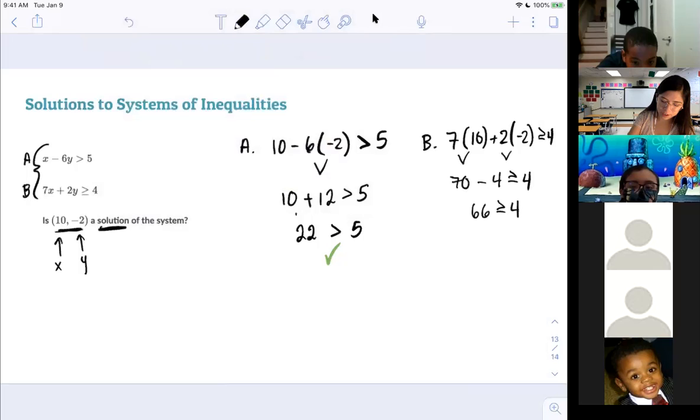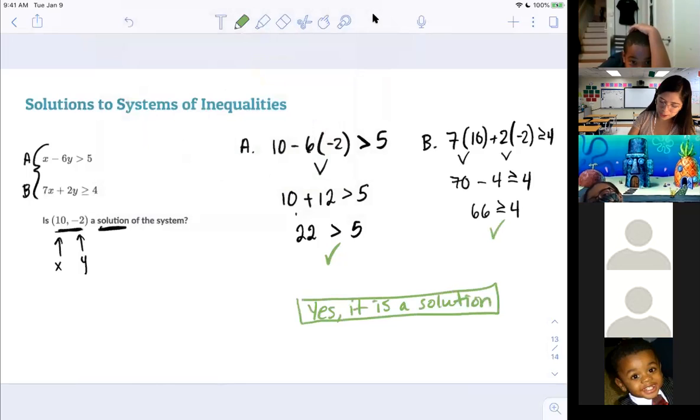Is 66 greater than or equal to 4? Yes. So is this a solution? Yes. Just plug it in and see if you get an answer that makes sense.